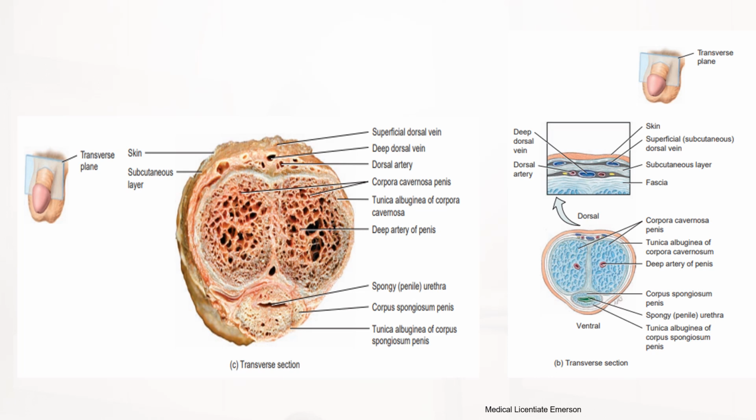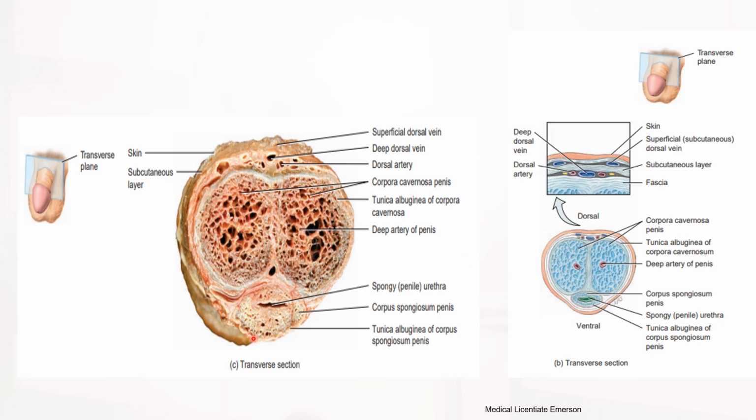So these are the two erectile tissues which we call the corpora cavernosa. Then this one here is another erectile tissue which we call the corpus spongiosum, which in between encloses the urethra. You can pause here.